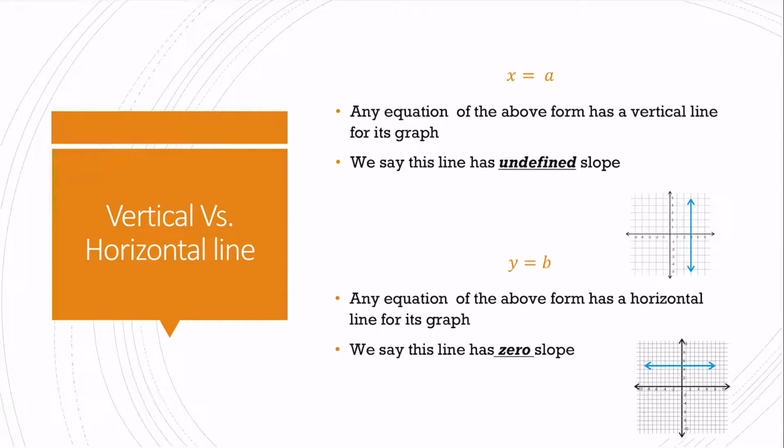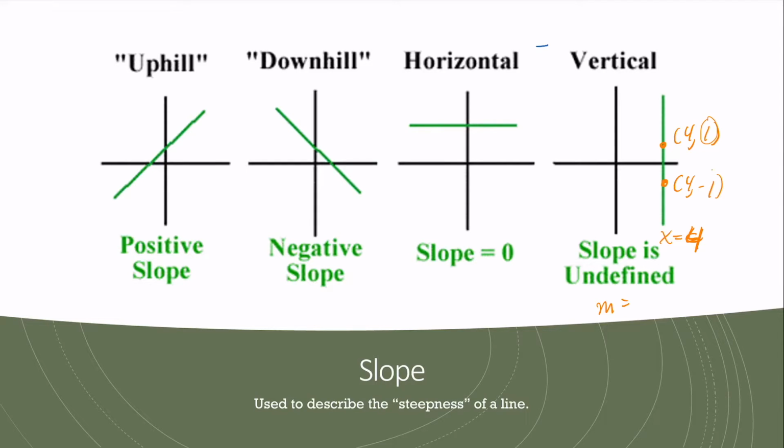So I could take 1 minus negative 1 over 4 minus 4. Because x is constant, it doesn't change, so my denominator when working with vertical lines is always going to be 0. We can't divide by 0, so the slope is undefined.